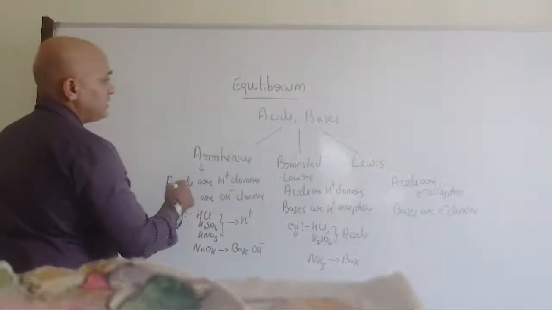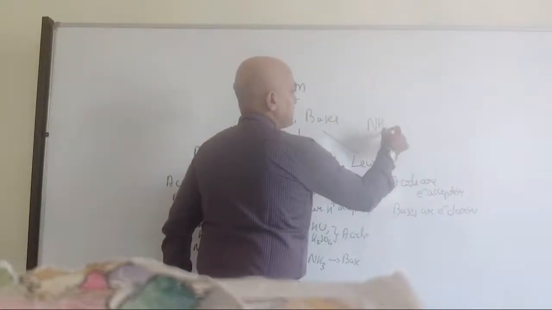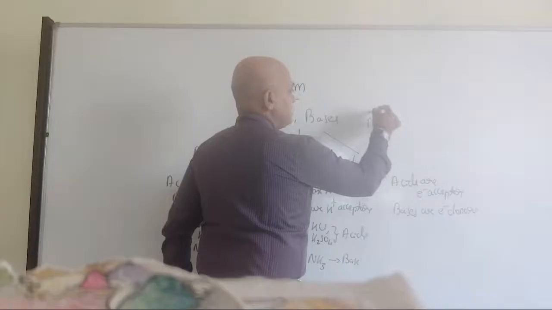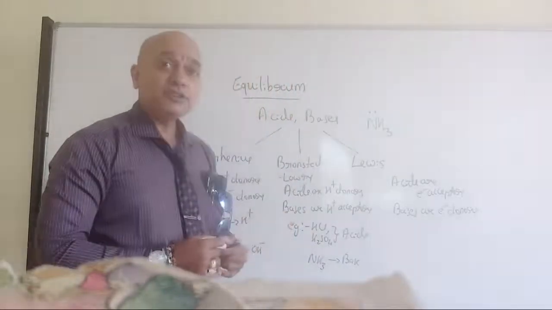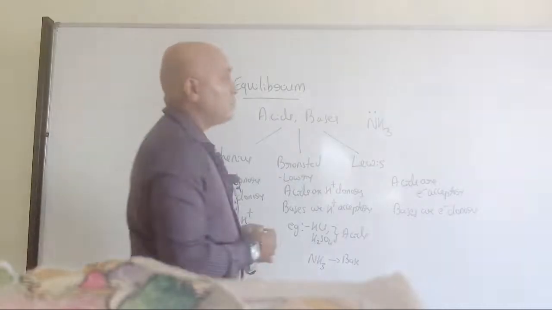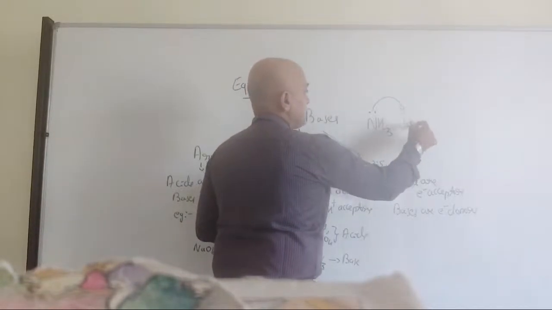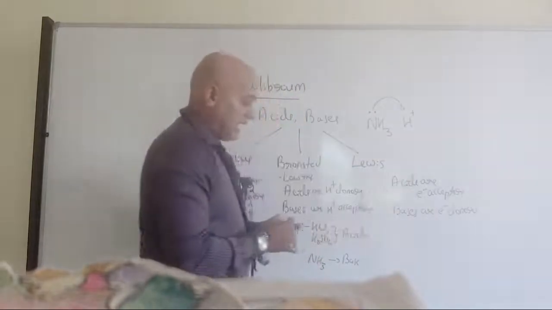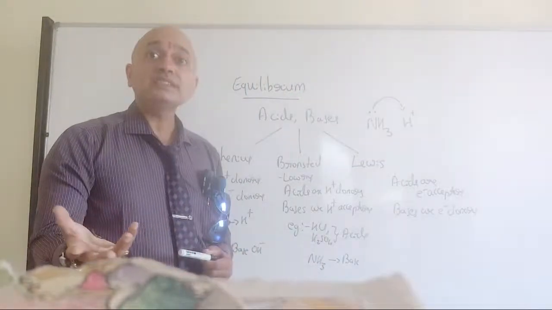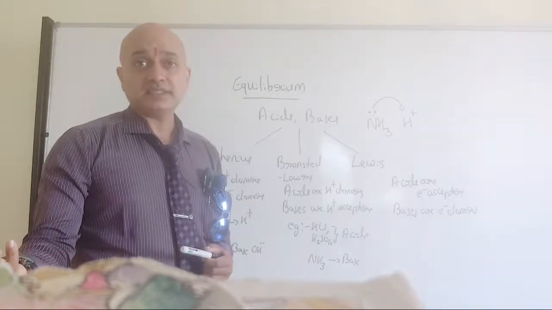For example, if I take the earlier one, ammonia will be considered a Lewis base because it will donate its lone pair of electrons. And the acceptor of this electron can be an H plus, which is a Lewis acid.